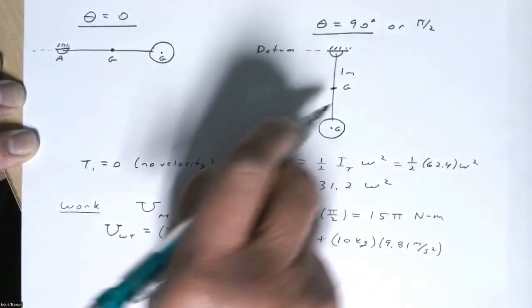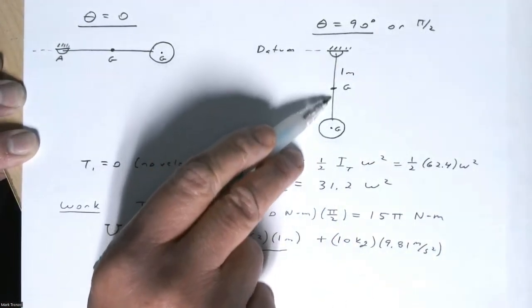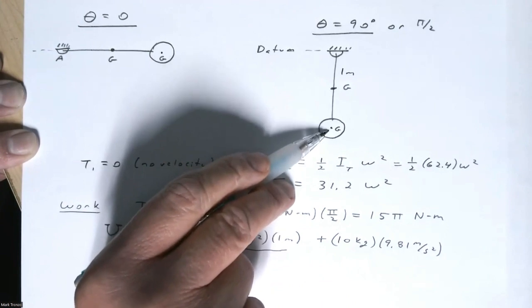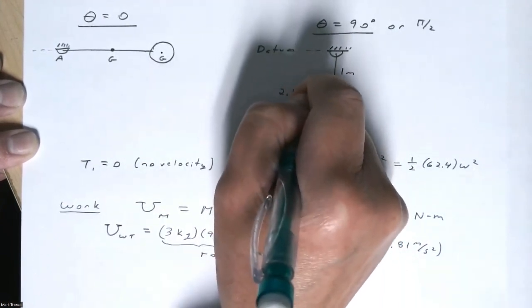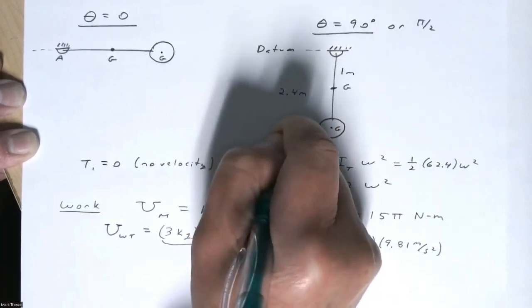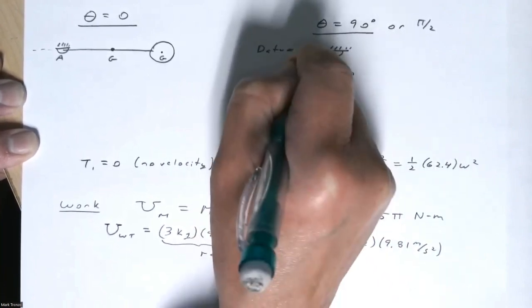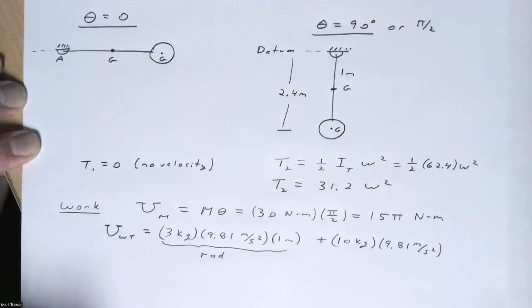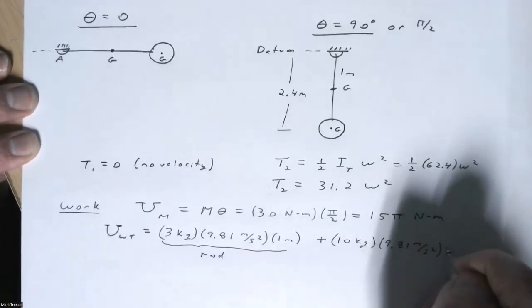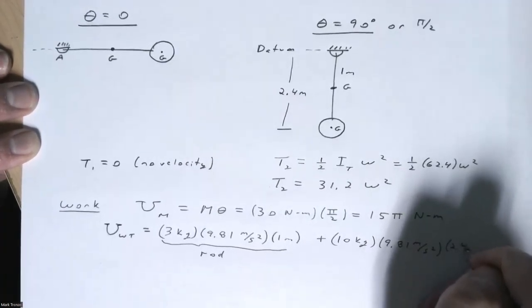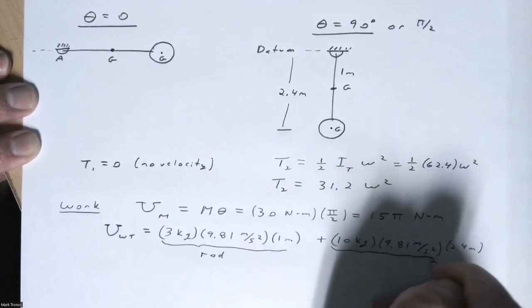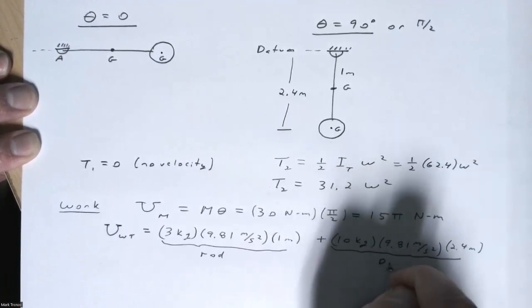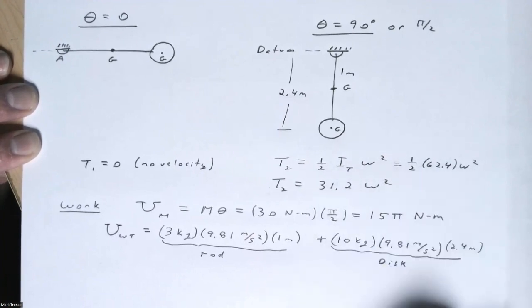Its center of gravity moved 1, 2, and then the radius here, 2.4. So again, its center of gravity has moved 2.4 meters down. And this was for the disk.